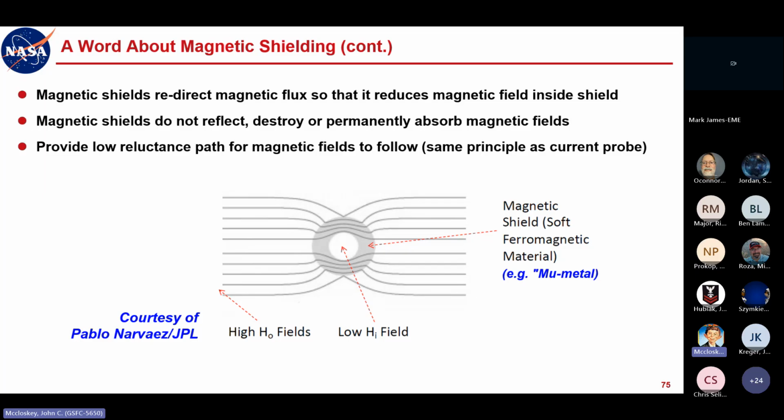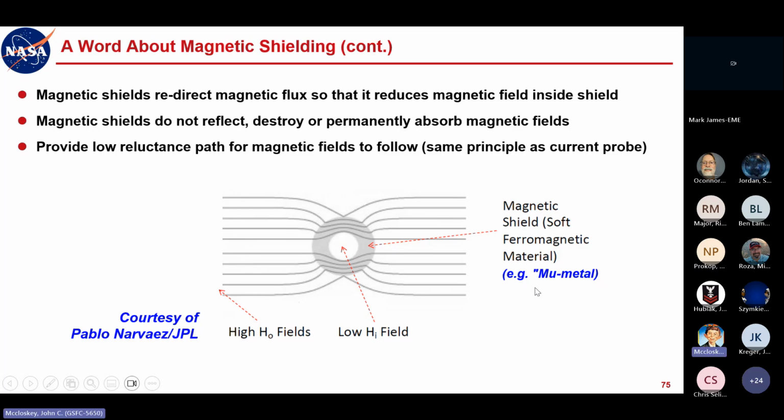So it's going to capture those flux lines, so you get maximum coupling into that coil of wire, so that you can actually measure the thing you're interested in, which is the flux generated by the current, which is ultimately what you want to determine. So it's the same general principle that magnetic shielding is going to use a similar type of material, some highly permeable material, a soft ferromagnetic material, right?